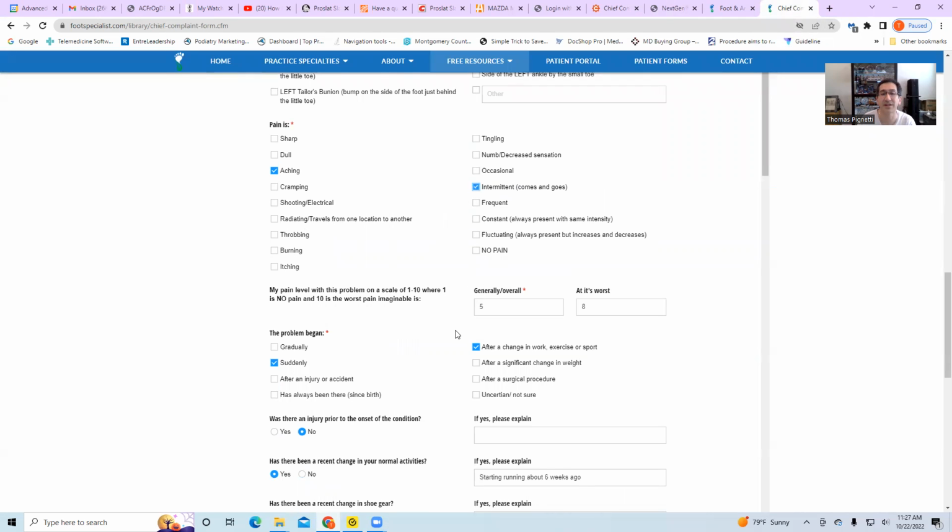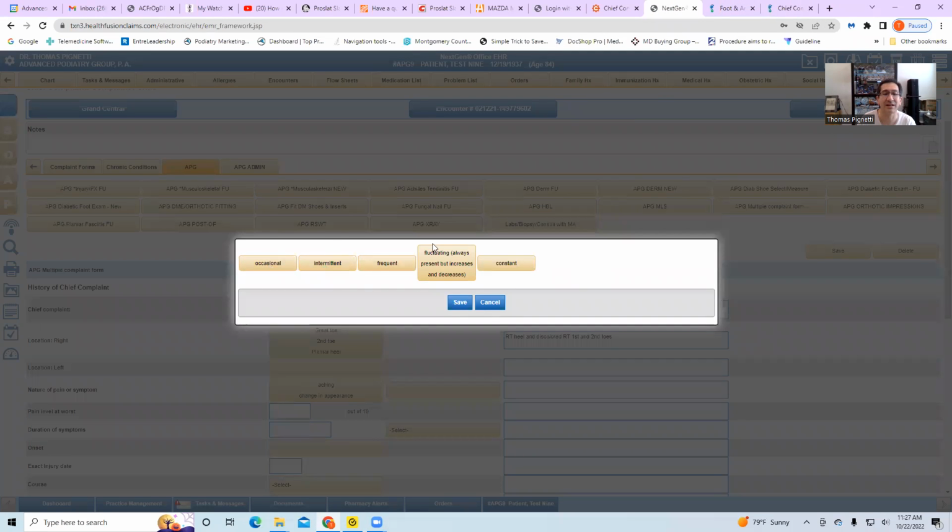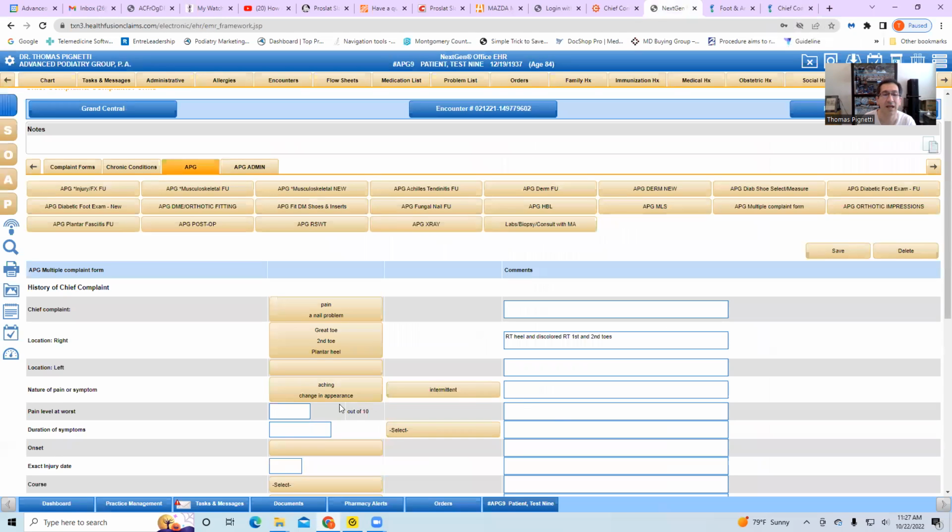I should have said it was intermittent over here also. Okay. So we say it is intermittent and change in appearance. So nature of pain symptoms, change in appearance relates to the toes. And you always specify things along those lines.